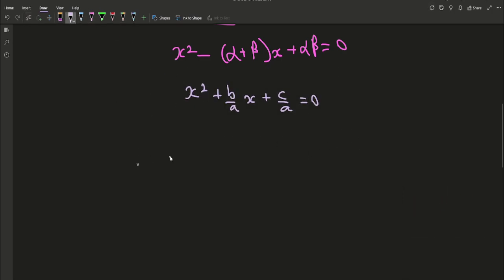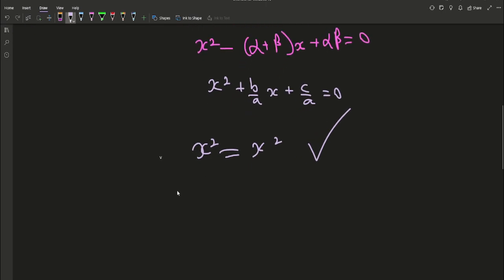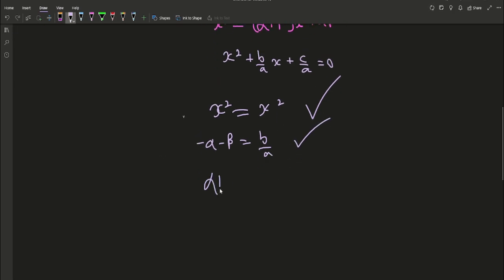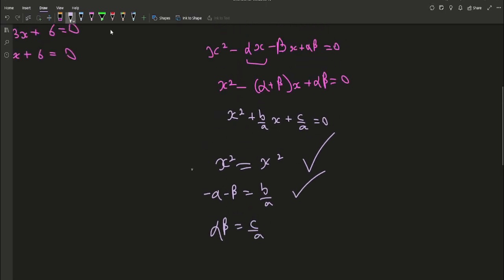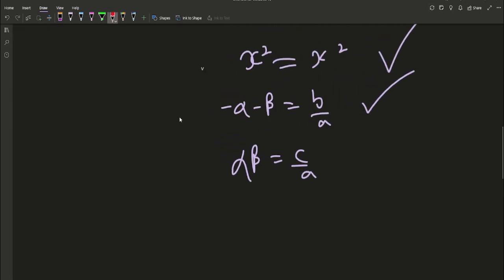X squared equals x squared. So minus (alpha plus beta) equals b over a, right? Let's take this as well. And alpha beta equals c over a. Now let's make alpha plus beta positive by taking the negative to the other side.